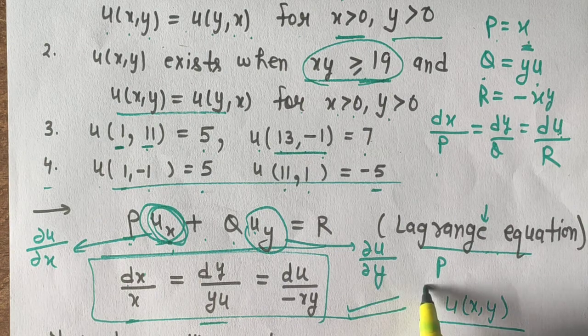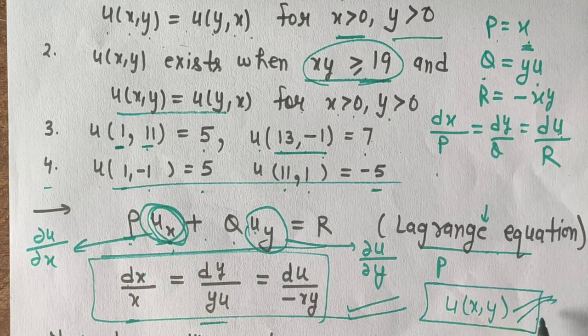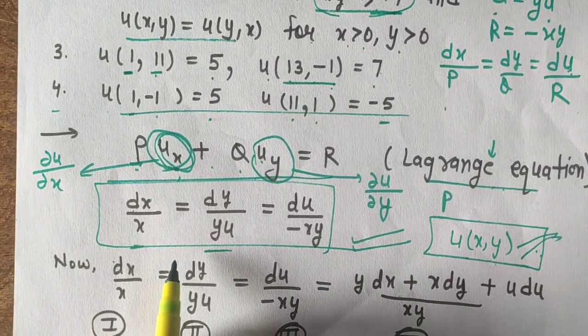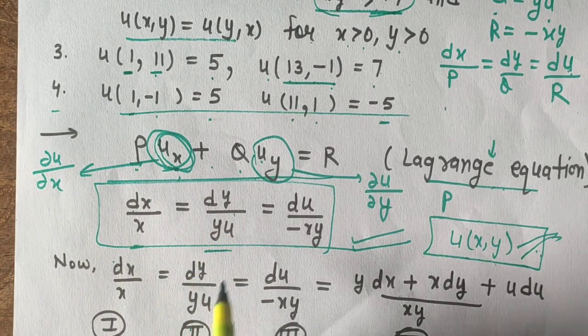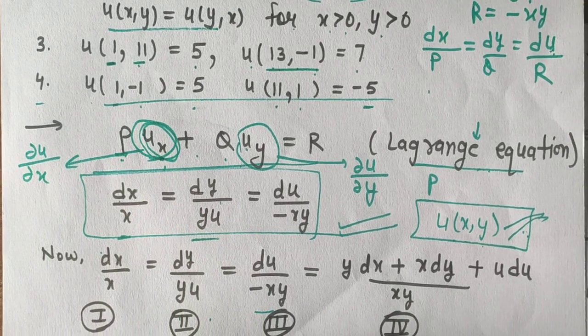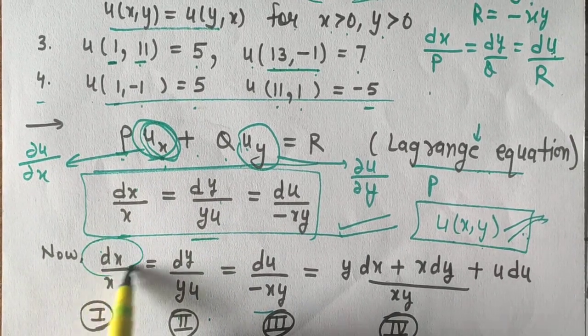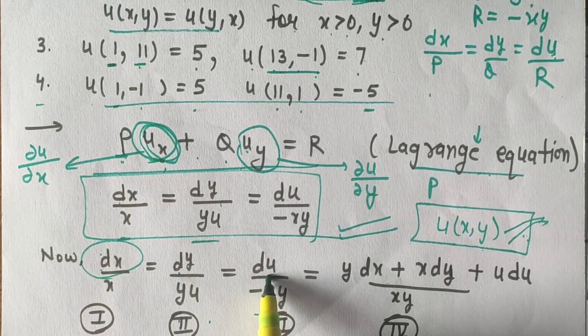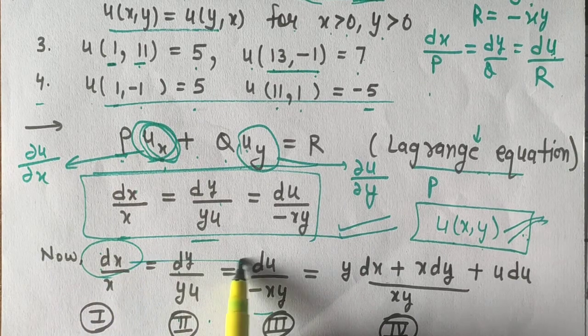Your aim is this, you can find the solution. This is the solution of the differential equation in two variables. Then dx/x = dy/(yu) = du/(-xy). So we can take these factors, multiply this equation by y, this by x, and this by u, and then add all the factors.